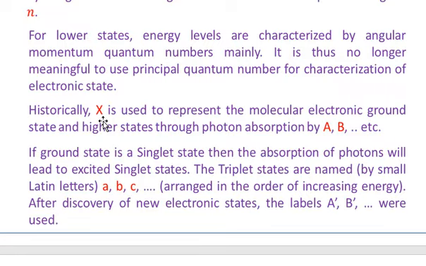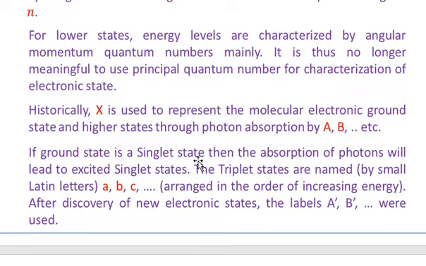Historically, capital X is used to represent the molecular electronic ground state, and higher states reached through photon absorption are labeled capital A, capital B, capital C, and so on.